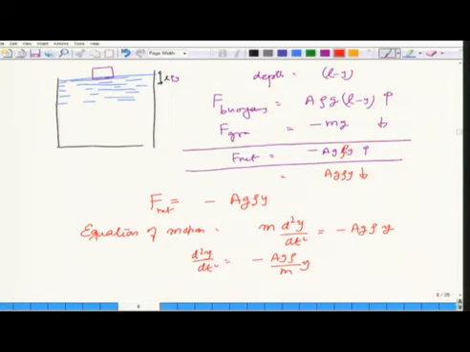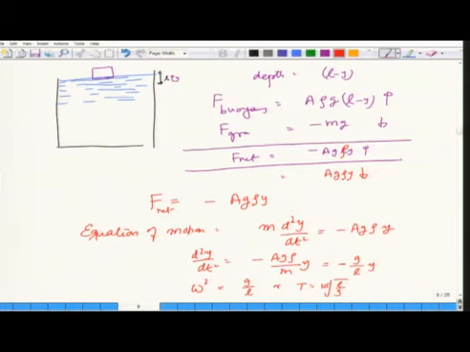Remember, A rho times L was m. M over A rho is nothing but L, and therefore, I can write this as g over L times y, and omega squared is going to be equal to g over L, or the time period is going to be 2 pi times the square root of L over g. So, if it goes down by depth L, the time period is going to be 2 pi square root of L over g.